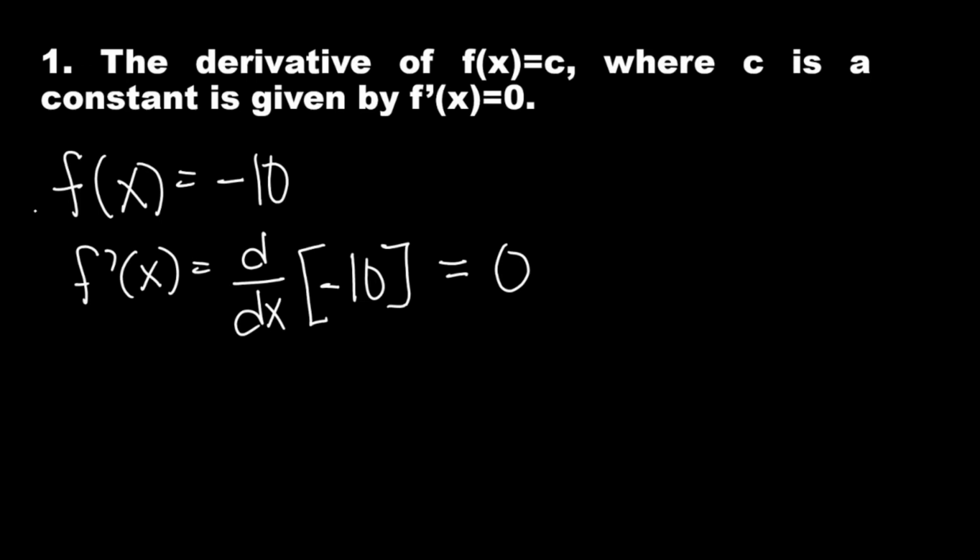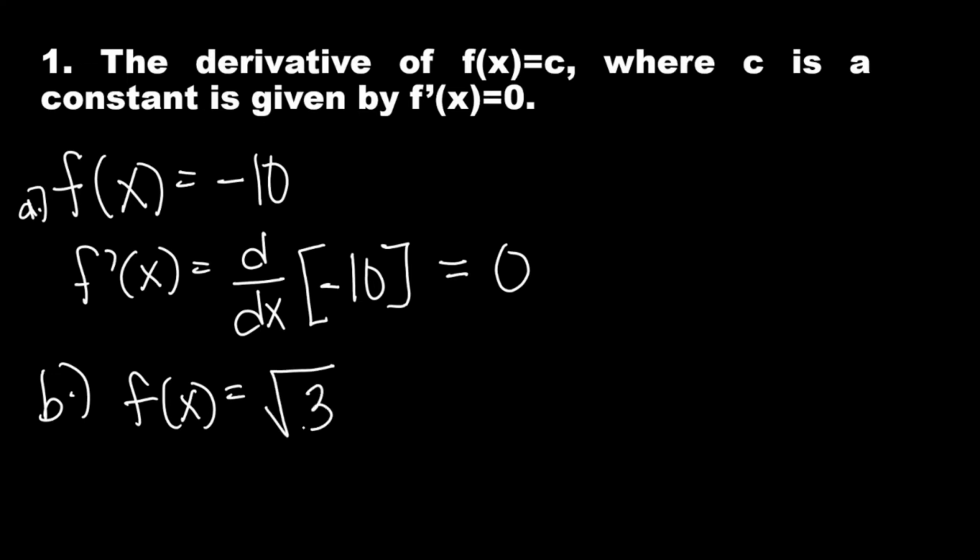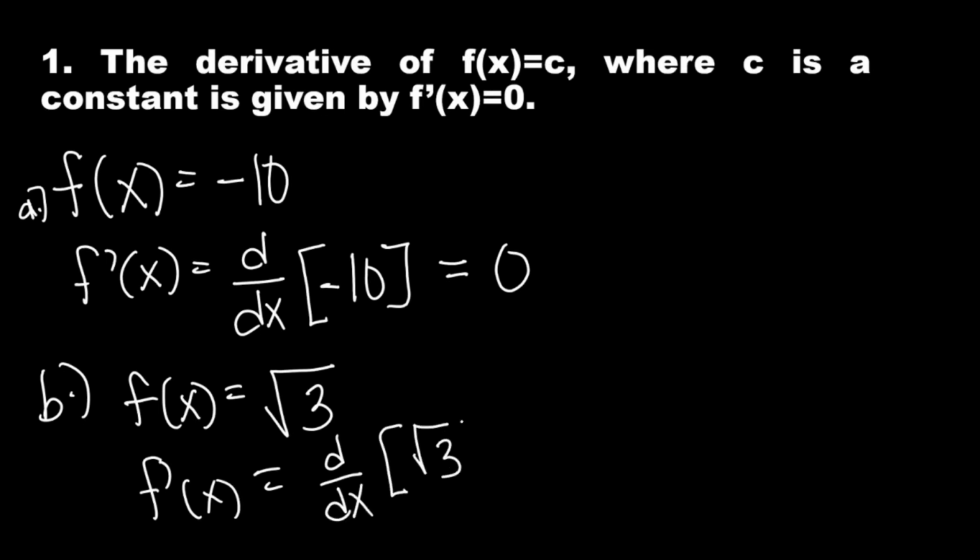So another example, we have f of x is equals to the square root of 3. So what's the derivative of square root of 3? So let's find f prime of x is equals to d over dx of square root of 3. So therefore, ang derivative ng square root of 3 ay 0.